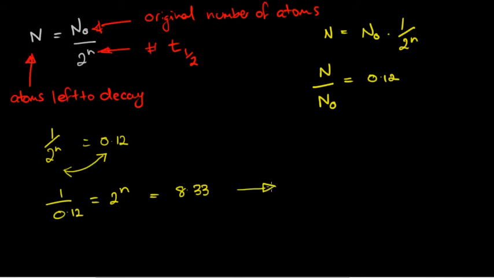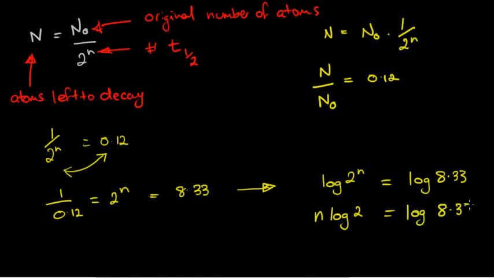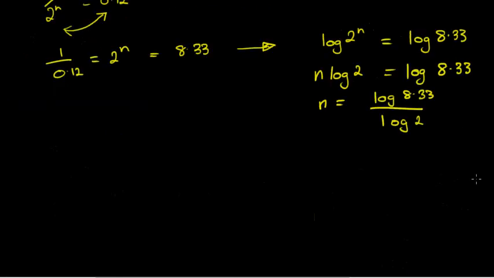We take the log of both sides of the equal sign, and an exponential identity gives n log 2 equals log of 8.33, so n equals log 8.33 over log 2, which is equal to 3.06.